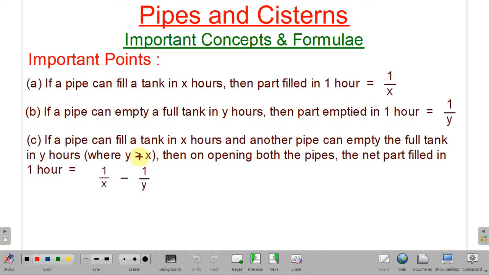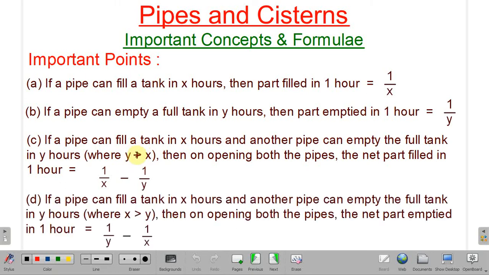Okay, so Y is greater than X, then on opening both the pipes simultaneously, the net part filled in 1 hour will be 1 by X minus 1 by Y. So please note down, when Y is greater than X, the tank will always be getting filled. Okay, so the level of water will always increase when Y is greater than X.